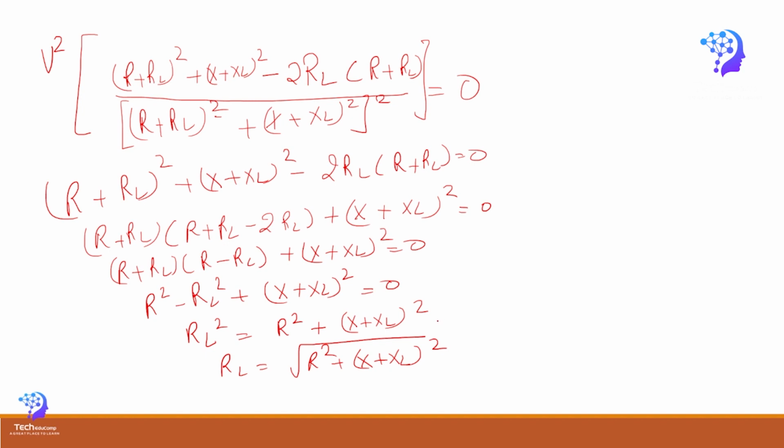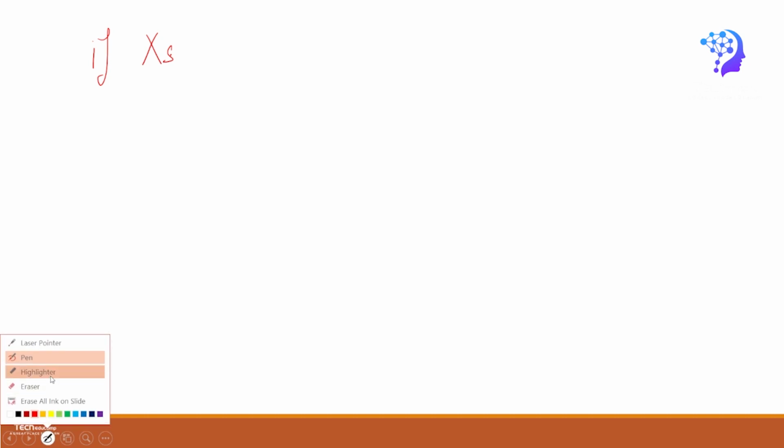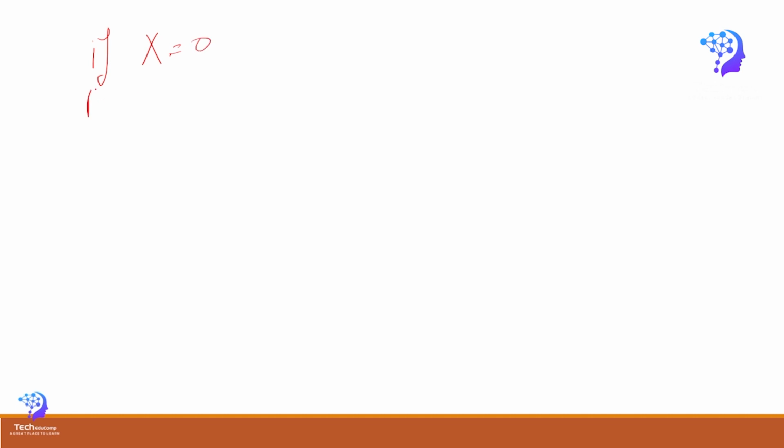Now, we have taken X, not excess. If my X is 0, then my RL will become under root of R square plus XL square.